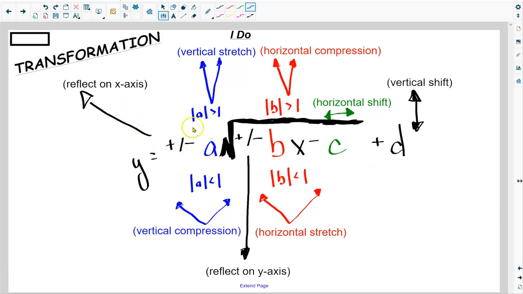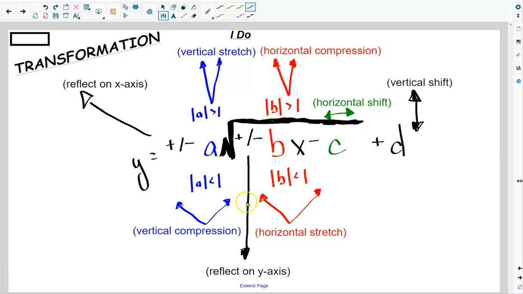Again, what this means: you've got the plus or minus, so you look at the sign up here in the front of A. If it stays positive, leave it alone. If it's negative, there's a reflection. Same thing with these symbols. Positive would be a no. If it's a negative, yes, there's a reflection. The C and the D are very easy for you guys. Just make sure that you understand that standard form has a minus for C and a plus for D. If it doesn't, you put it in there.